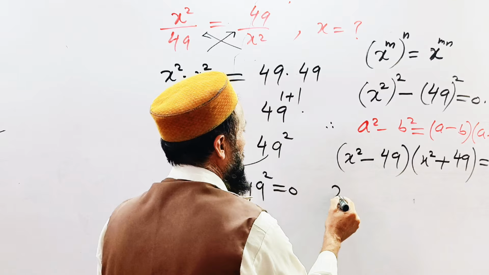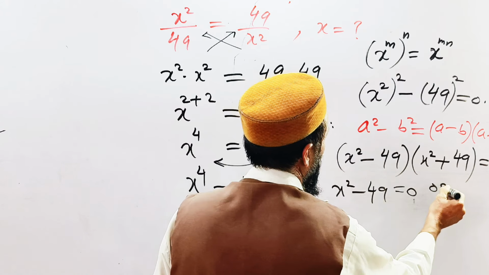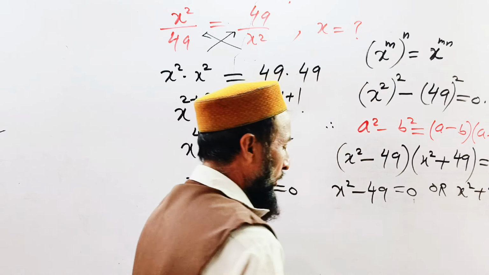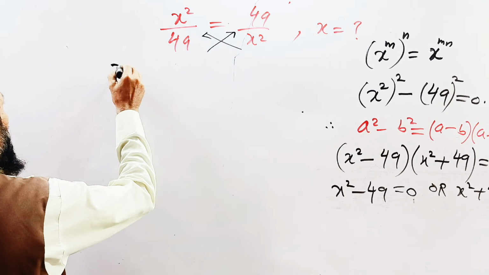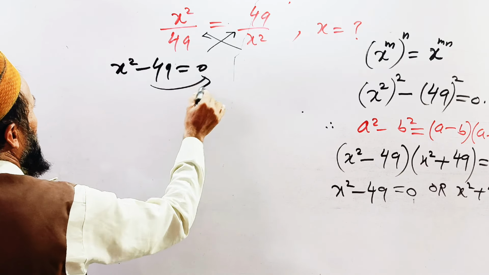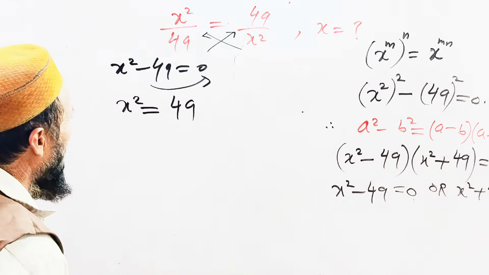That means either x square minus 49 is equal to 0, or x square plus 49 is equal to 0. Taking the first, x square minus 49 is equal to 0. If we transfer 49, we get x square is equal to 49.